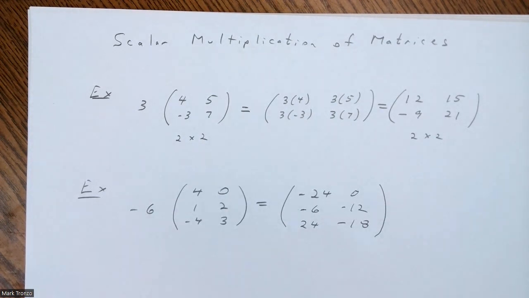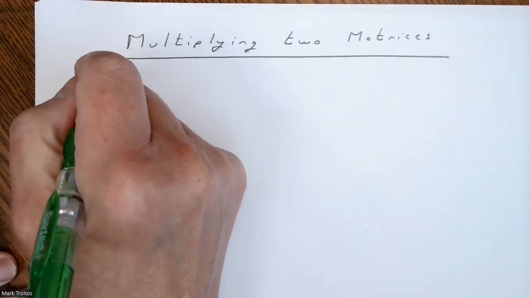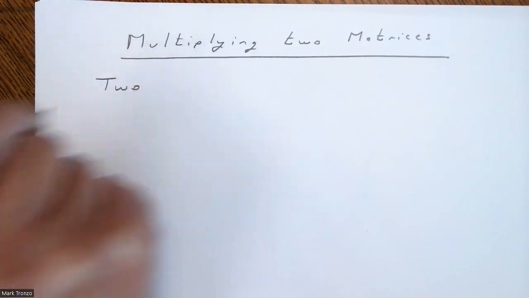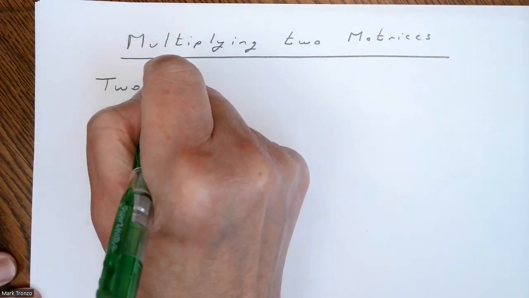Now we can multiply 2 matrices together as well. So let's take a look at that. 2 matrices may be multiplied if and only if the number of columns of the left matrix equals the number of rows of the right matrix. Let me write that down.